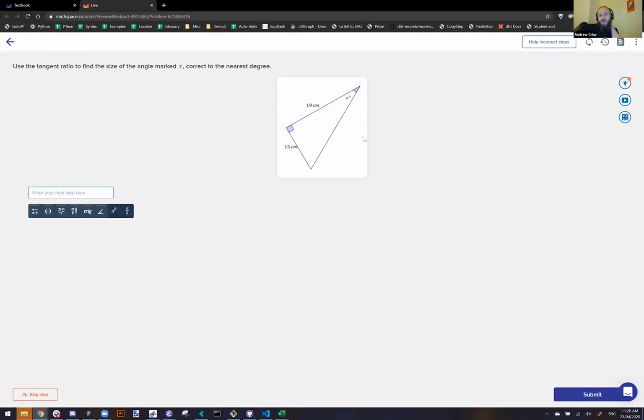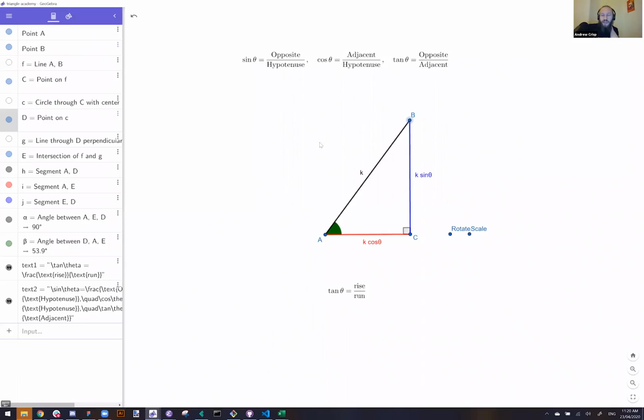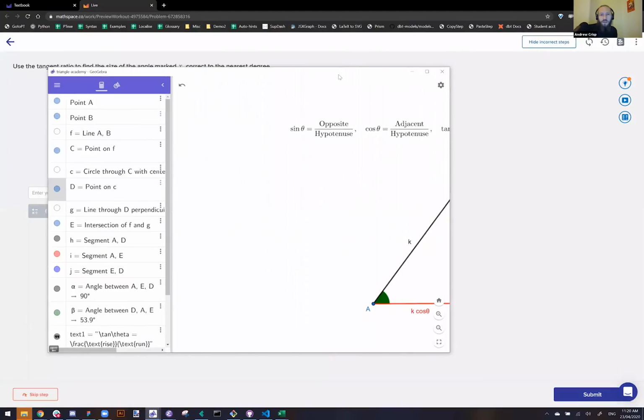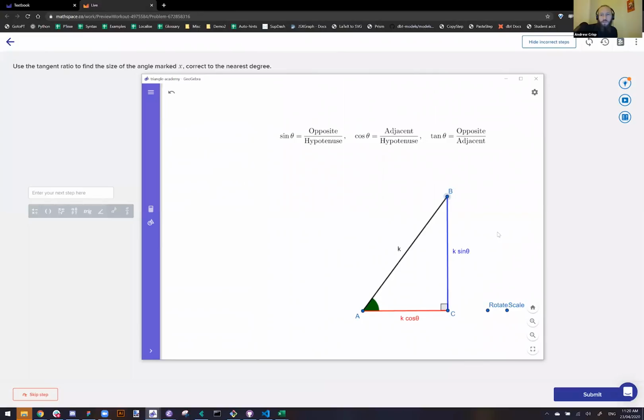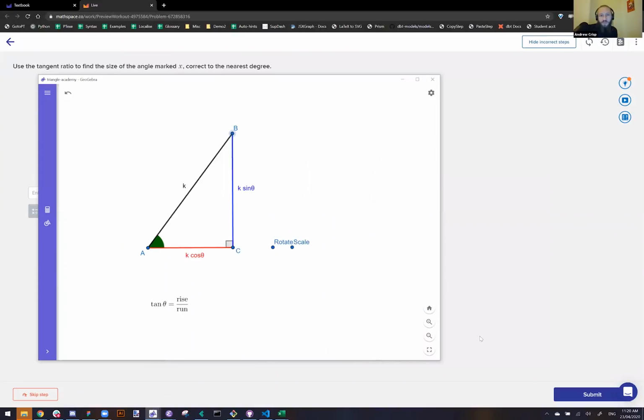So first of all, my triangle's up and over there, my angle's up and over there. So I'm going to get out my GeoGebra again, and I'm just going to make this a little bit smaller, get rid of all my business. Okay, so the right angle's kind of, yeah, let me just move this, make this a bit smaller so we can see.